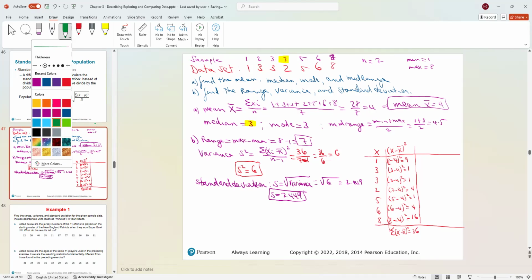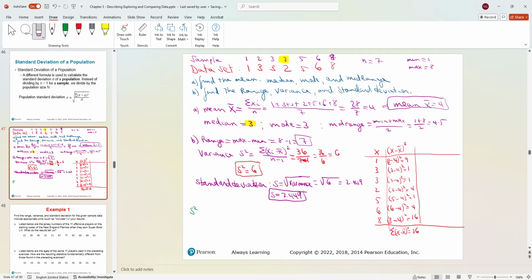Now, we said there is a different formula you can use to compute the variance and the standard deviation. We can use this formula: variance S squared is equal to n times the sum of x squared, minus the square of the sum of x, over n times n minus 1.